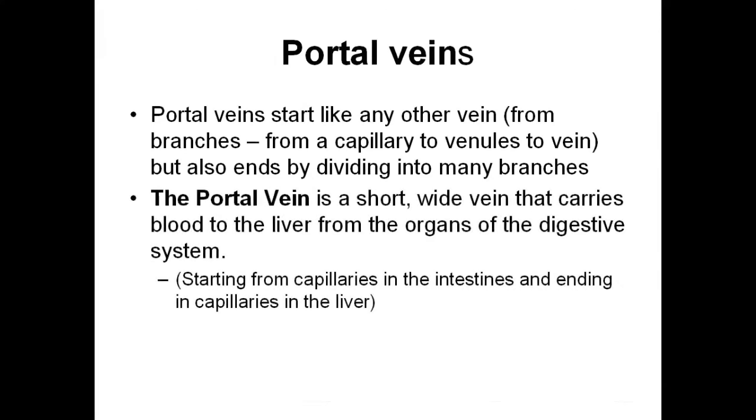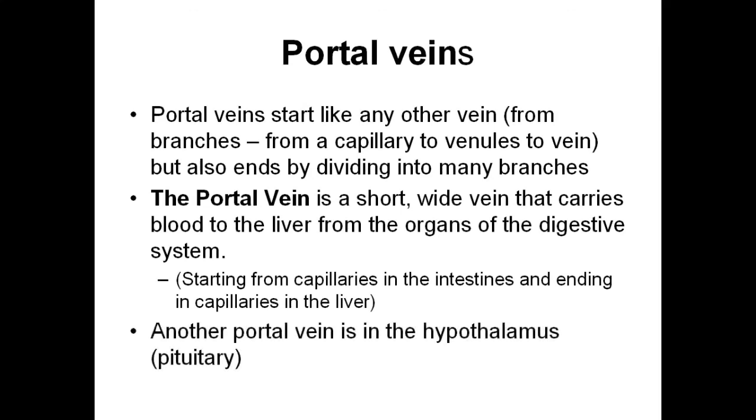But portal veins end as well in lots and lots of branches. The portal vein is a short, wide vein that carries blood to the liver from the organs of the digestive system, and it starts from capillaries in the intestines and ends in capillaries in the liver. So it starts and ends with capillaries.